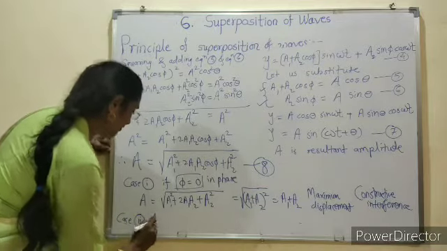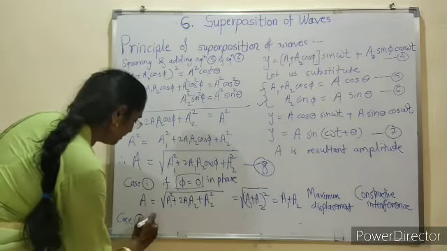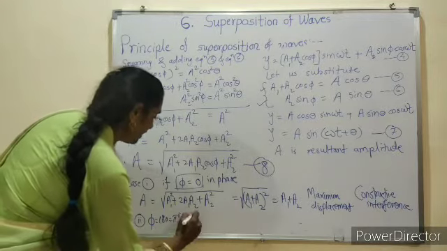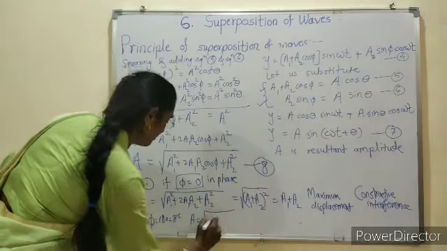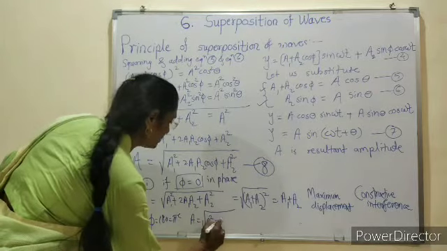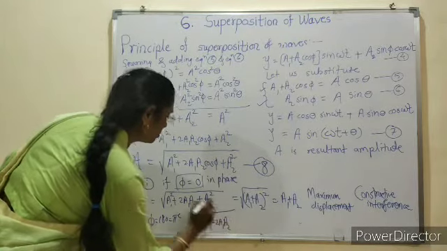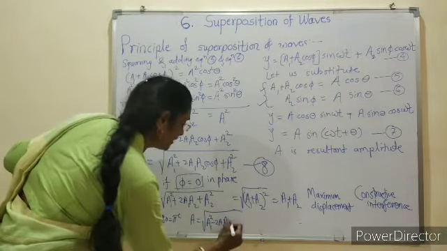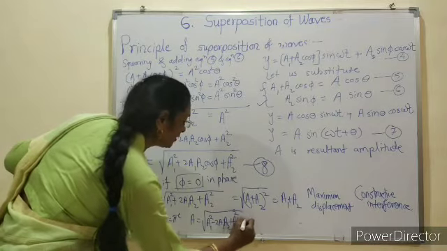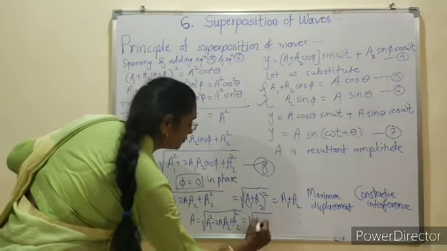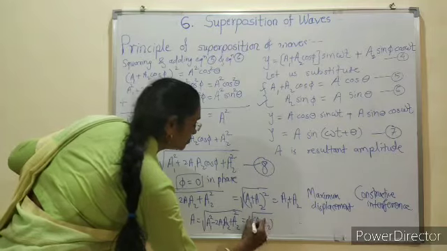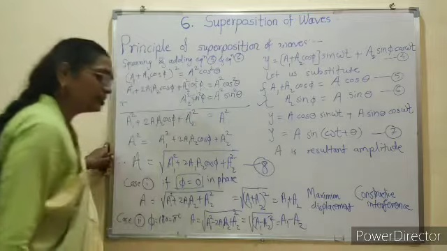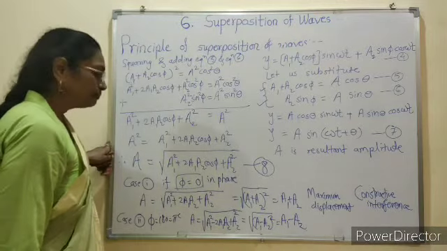Now in the second case, we take phi is equal to 180 degree or pi radian. Then the resultant amplitude A is equal to the square root of A1 square minus twice A1 A2 plus A2 square, because cos 180 is minus 1. Inside the square root we get (A1 minus A2) whole square, so A is the difference in displacements, A1 minus A2.